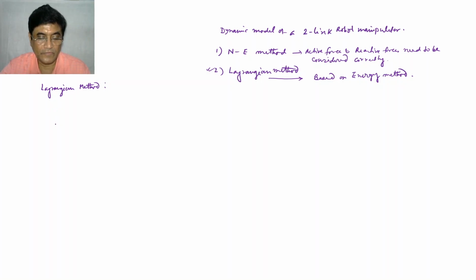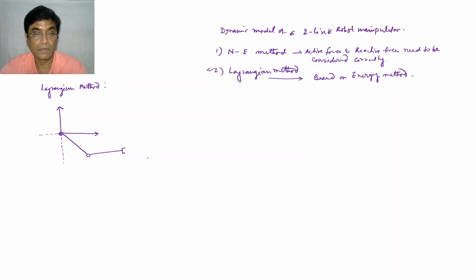First of all, we need to have a coordinate frame, because we are talking about calculating energy, and potential energy requires a coordinate frame. So we will consider a coordinate frame like this, and let us consider again a two-link robot manipulator, having length L1 and length L2.